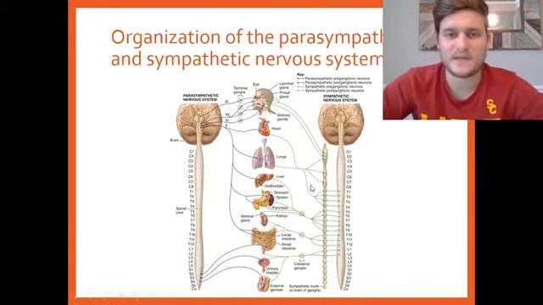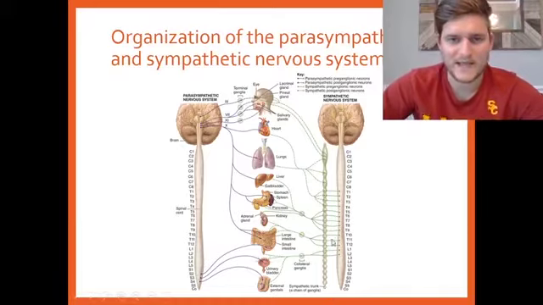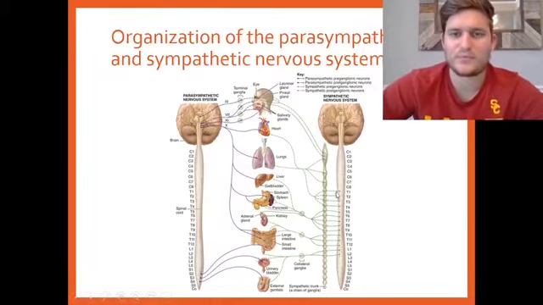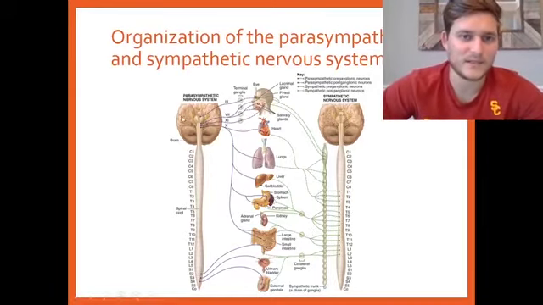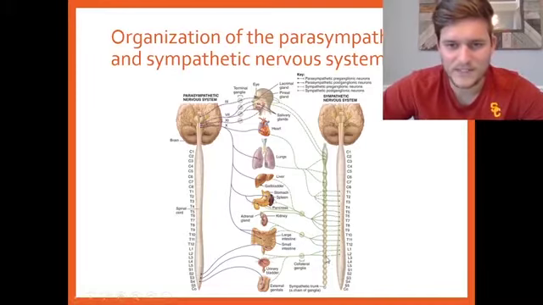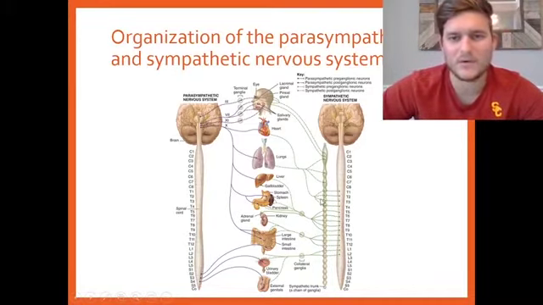But on the sympathetic side, you're able to see a key distinct difference, and that is that most of these preganglionic sympathetic neurons are going to synapse with their postganglionic neuron at a location called the sympathetic trunk ganglia, which is something that the parasympathetic division does not have. So this is a synapse location for a lot or most of these sympathetic neurons.